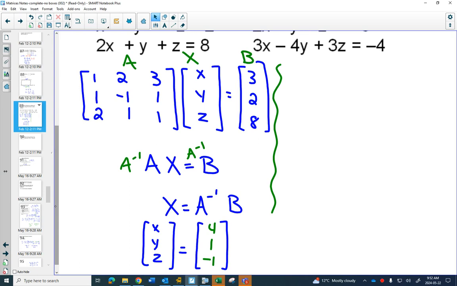Type that into your calculator, and there's your X, your Y, and your Z. So, by hand, we did the 2 by 2 with the inverse, and everybody agreed that substitution and elimination was better. But with the 3 by 3, and if you are allowed to use your calculator, this is a lot quicker than substitution and elimination.